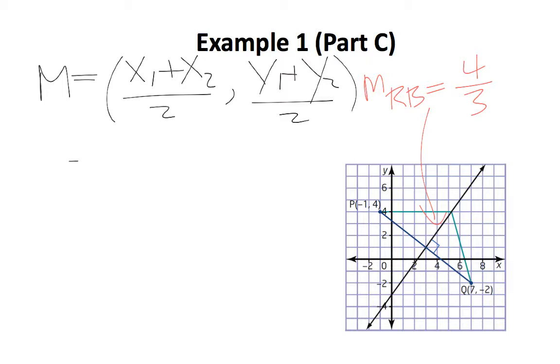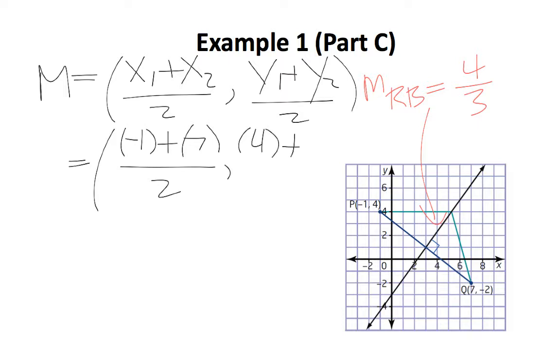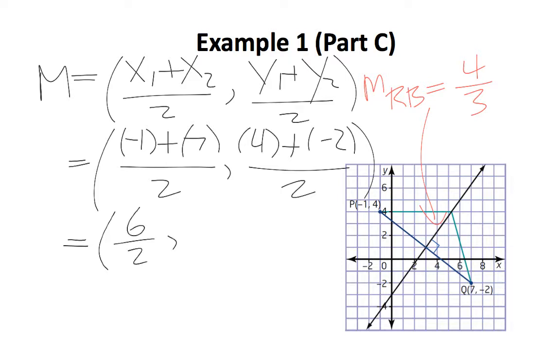We're going to substitute in our known values. So over here, I'm going to have -1 plus 7 divided by 2, and then 4 plus -2 divided by 2. Let's simplify in the next step. So -1 plus 7 is 6, and 4 plus -2 is 2.